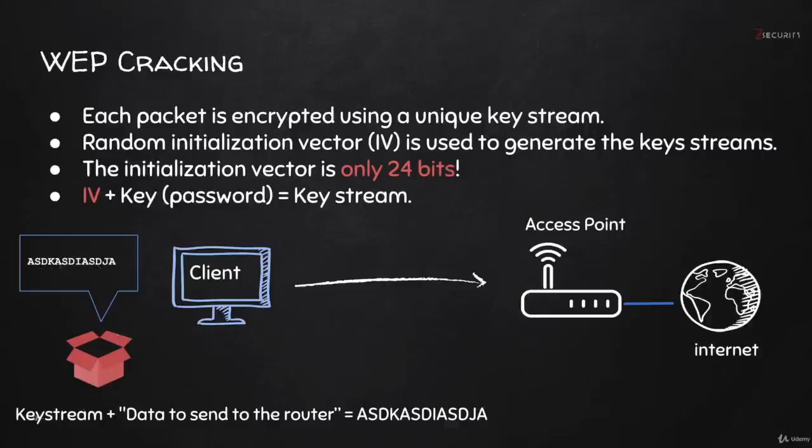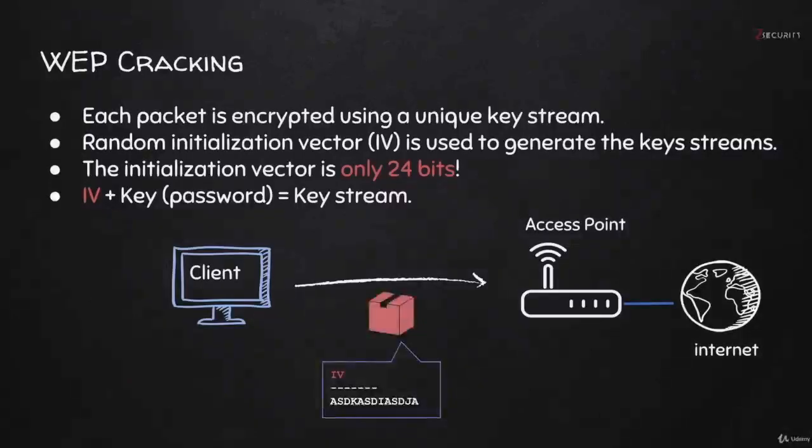So basically, the key stream plus the data that we need to encrypt gives us the gibberish, and then the gibberish is sent into the air. But before sending this into the air, WEP will also append the initialization vector. This is the 24-bit random number that it creates in order to make sure that each packet has a unique key.